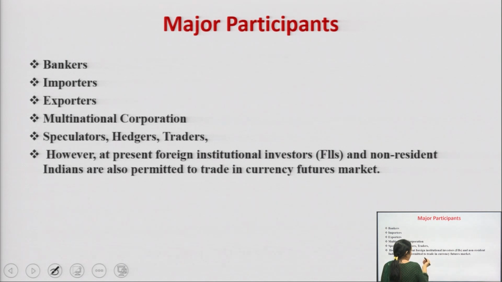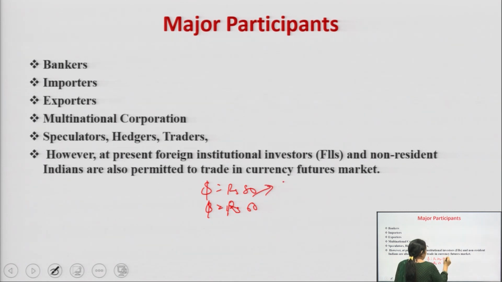Now there is a fluctuation in the currency rates. The dollar may increase to rupees 80, or it may decrease to rupees 60. If it increases, there is a loss, and if it decreases, there is a profit to the importer.